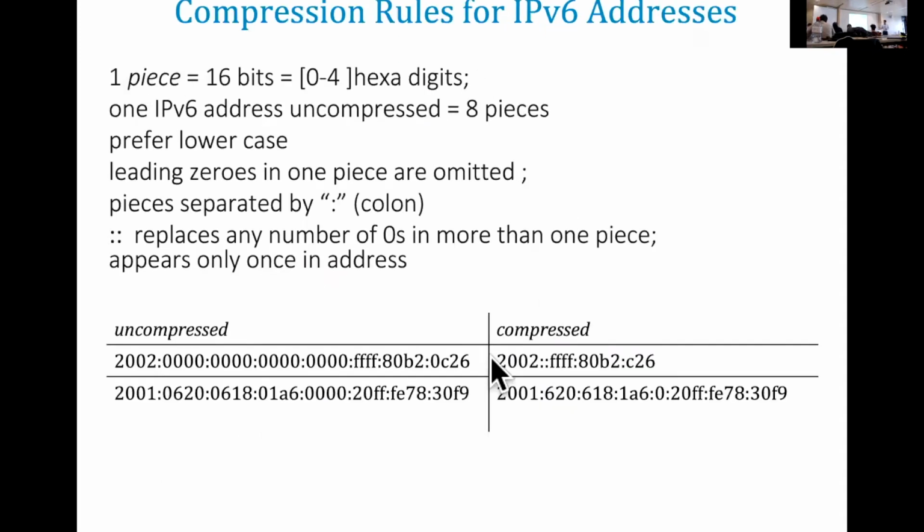More on IPv6. We have 128 bits. We divide them into 8 pieces. Each piece is 16 bits.